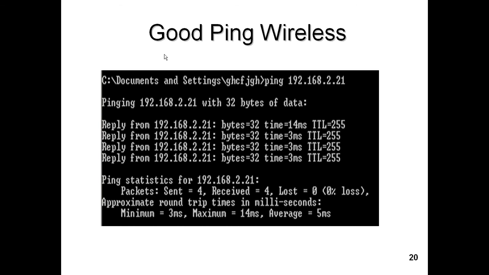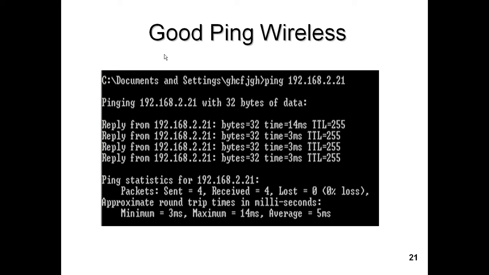Simple enough. If we do pinging to a Wi-Fi device, it works the same way, except the response times are going to be a little bit longer. In this case, you see the first response took 14 milliseconds because it had to go through the Wi-Fi access point, had to get to the device, and then we start to see quicker responses of 3 milliseconds.